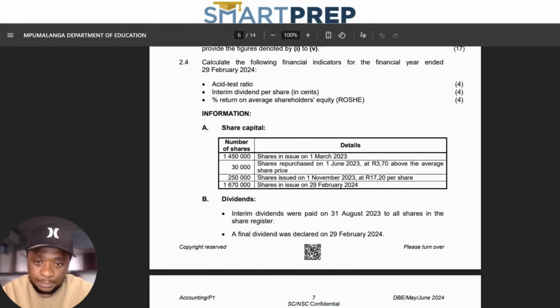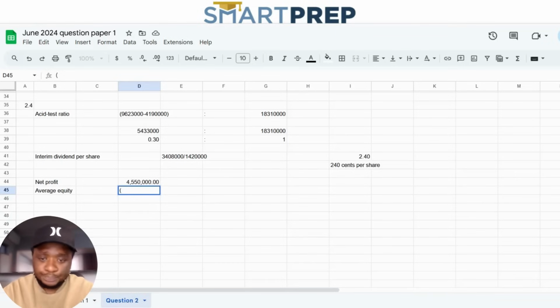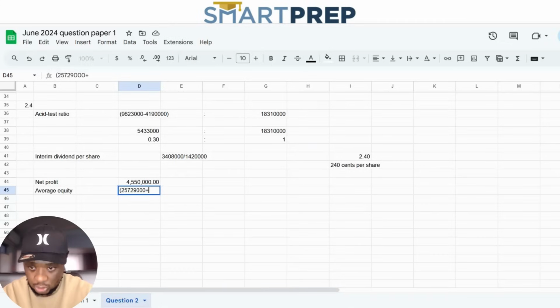So let's look at the share capital at the beginning, 25,729 plus 28,248.